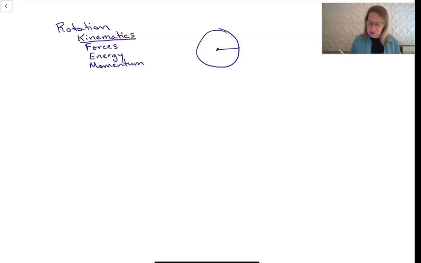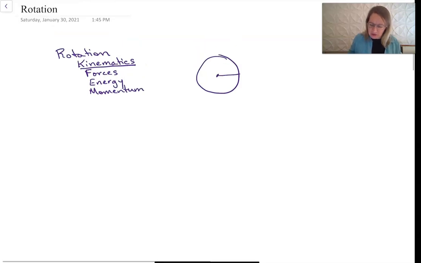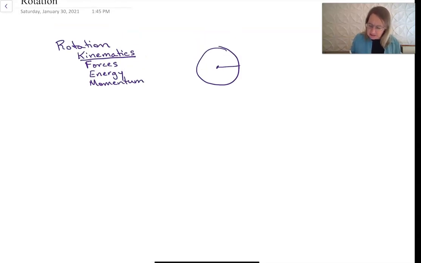So that's supposed to be a circle, where we go from here to some point here. So we go through an angle like this of theta, right? And we can compare that angle to how far we go along the outside, this arc length.